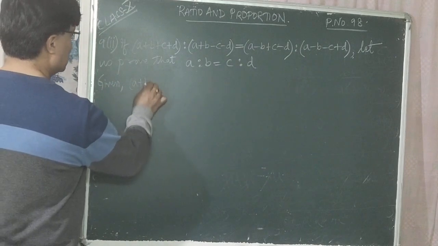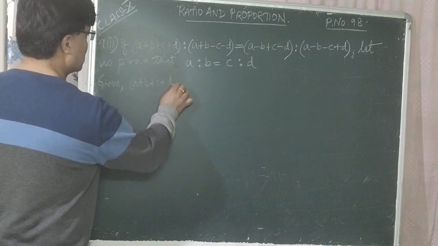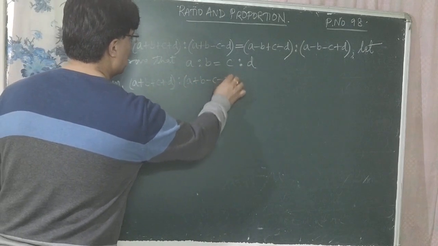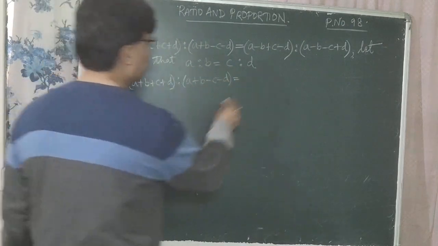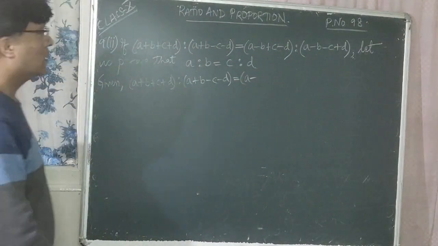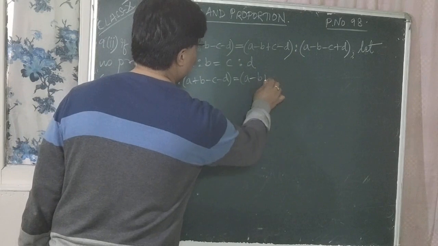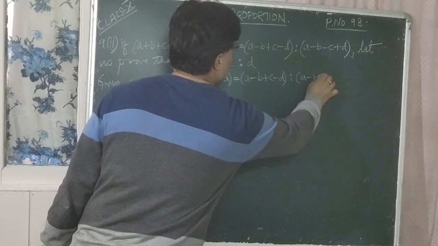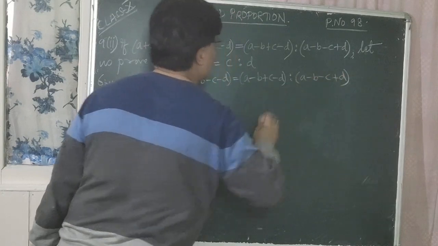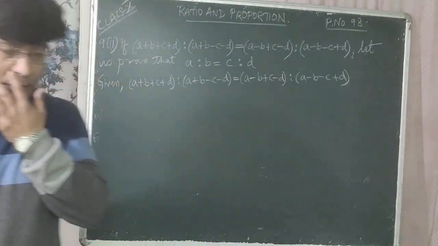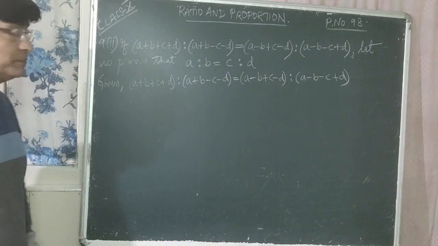That is a plus b plus c plus d is to a plus b minus c minus d is equal to, it is right on the right hand side. So this is the given part. Is to a minus b minus c plus d. Okay. So you can write down this ratio in terms of fraction.